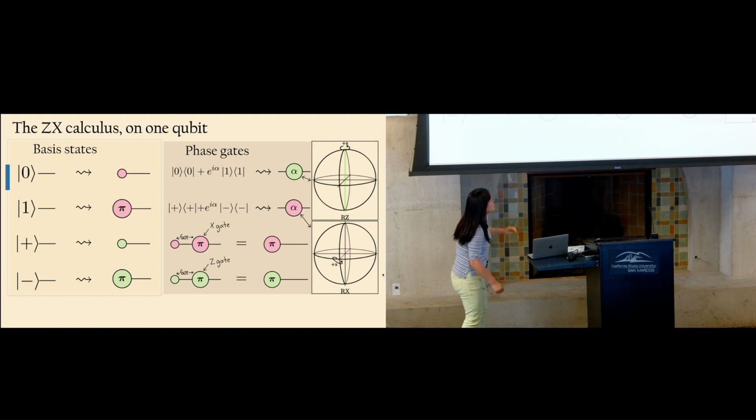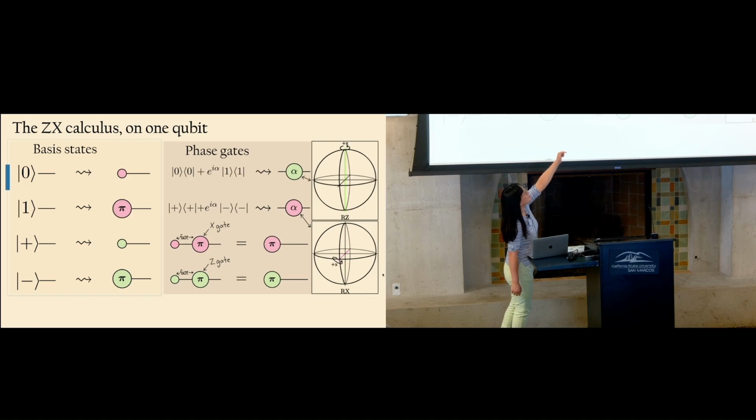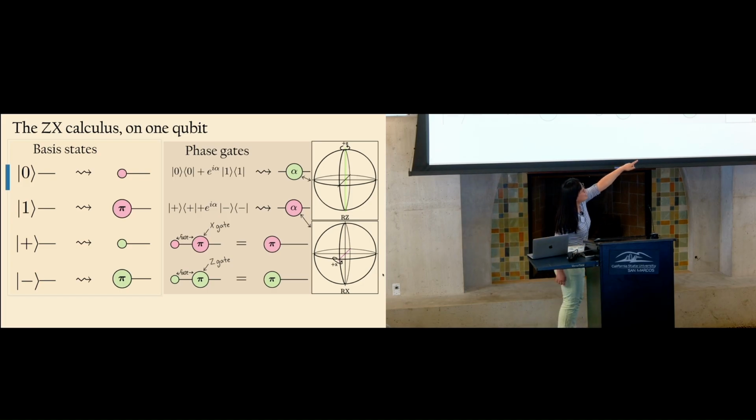And so here's drawing the Bloch sphere. And so this one input, one output green rotation of angle alpha. That green Z phase gate is a rotation by angle alpha about the Z-axis of the Bloch sphere, so this thing in green. And for the X-axis, the X rotation by angle alpha would be this X-axis in pink down here on the bottom.